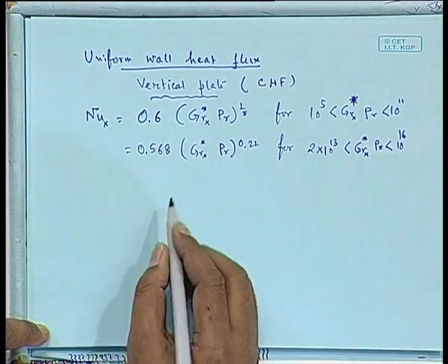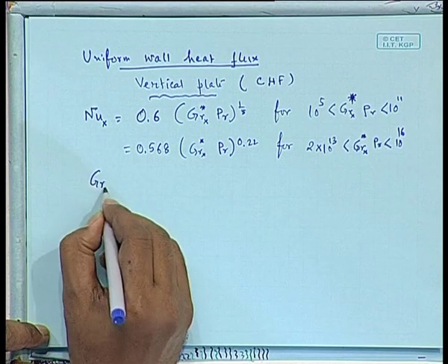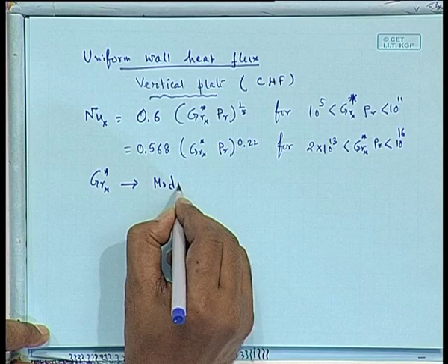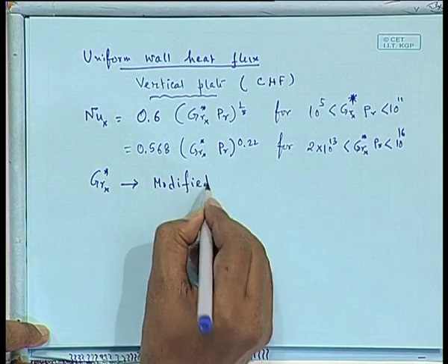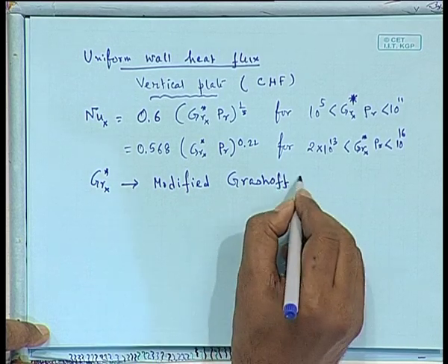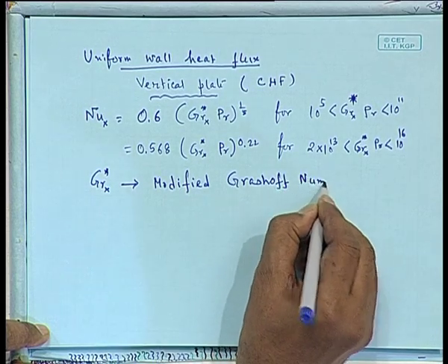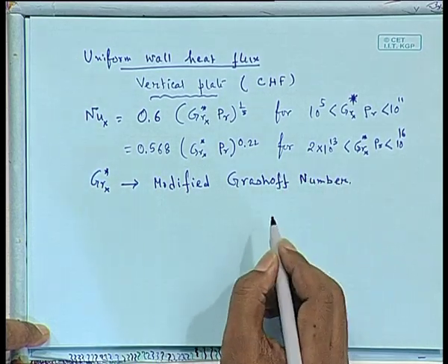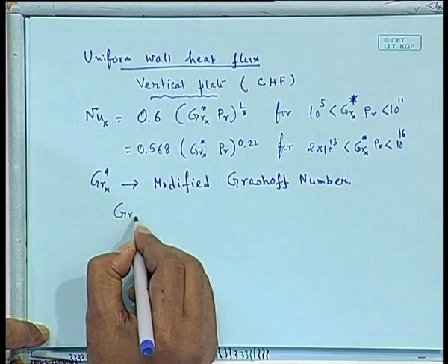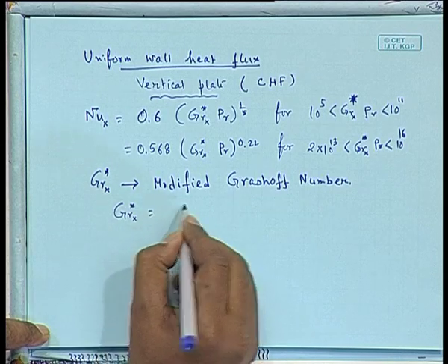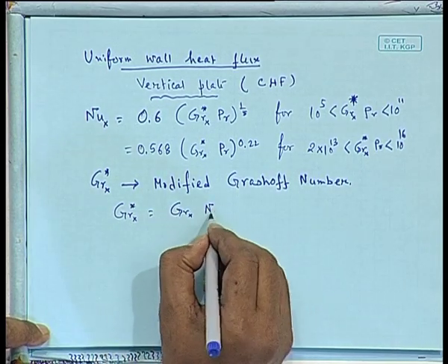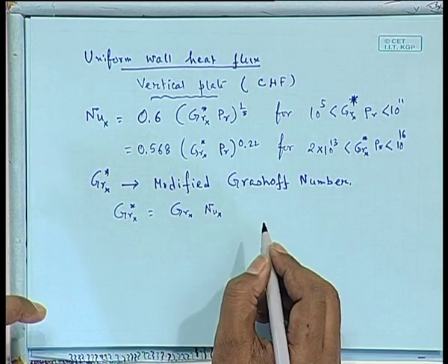Now, this Gr_x star is known as the modified Grashof number. And it is defined as Gr_x multiplied by Nu_x.